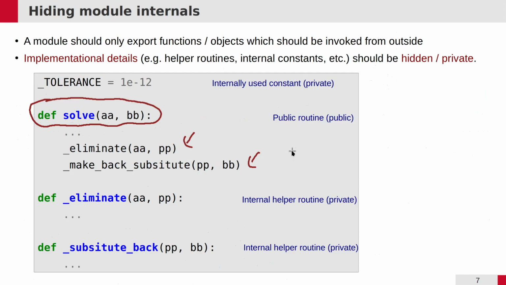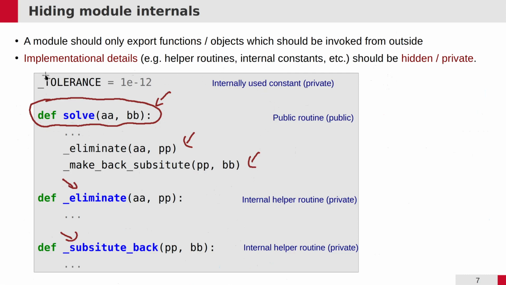These steps are not really important to the outer world because we only want people to call our solve routine, and we don't want to let them know how we split up the functionality of our solve function into some internal functions, whether we are calling it eliminate or substitute back or something else. It should not really matter, right?